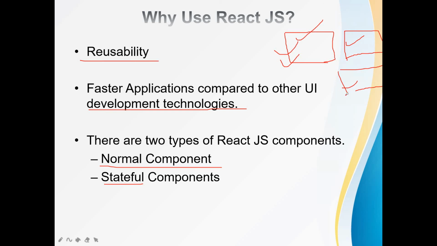In a stateful component, apart from the other information which you display on the screen, you also maintain the state information about the objects, like for how long this session is active for the particular student or particular manager, right? That kind of state information is also managed by React.js components, and all those components which manage this state information are called stateful components.